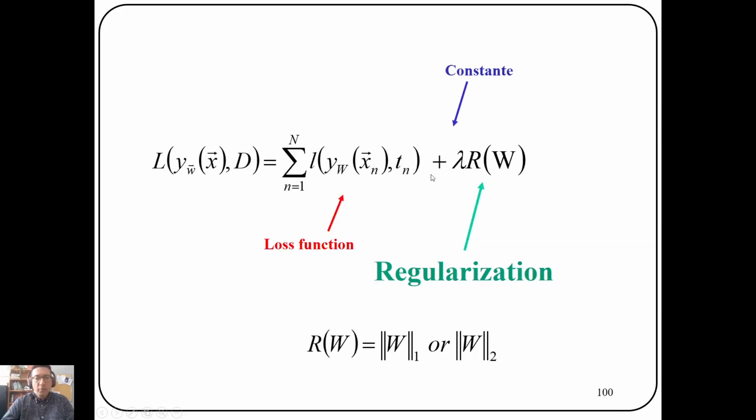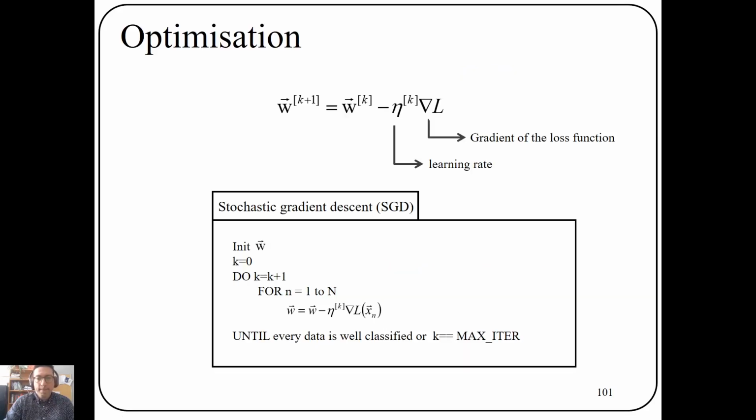And almost each time you minimize a loss function, you need to add a constant times a regularization term. If you do not add a regularization term, your neural network will very well suffer from what we call overfitting, which is a concept you have seen before.